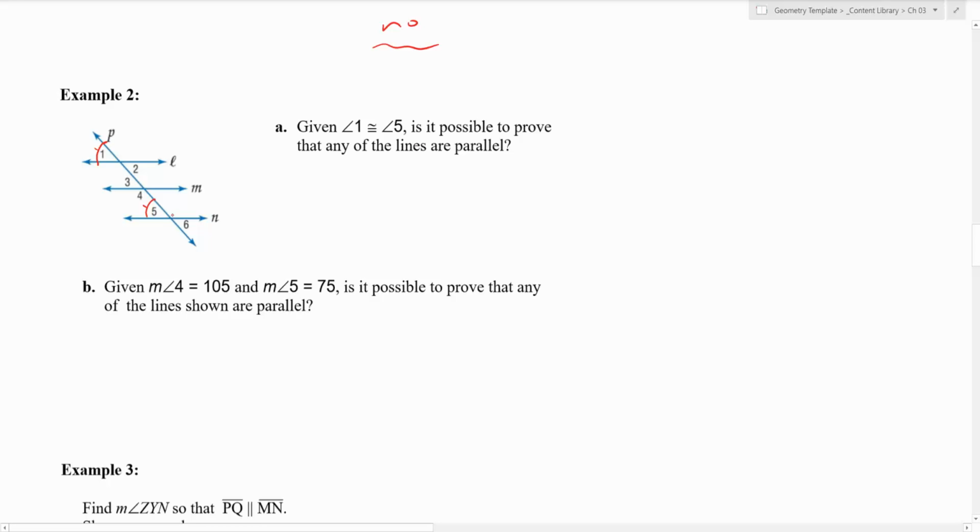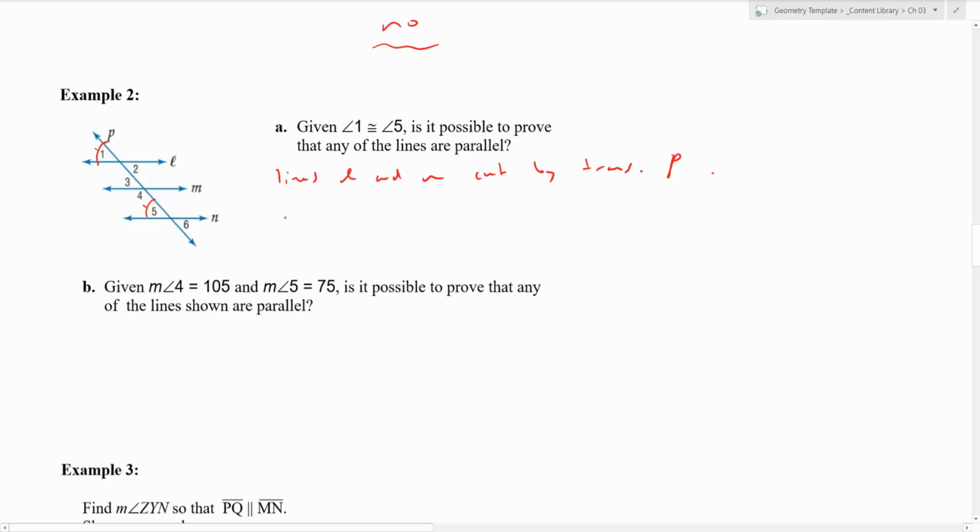Corresponding angles. We've got lines L and N cut by transversal P, okay?